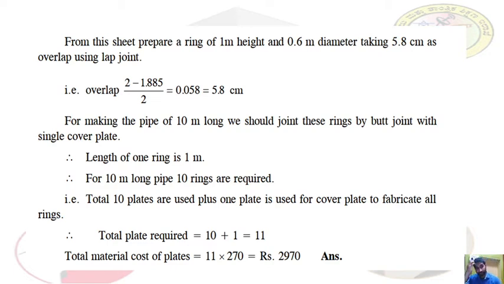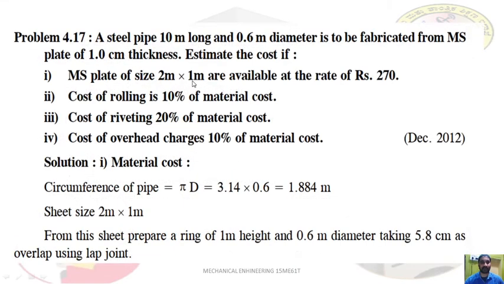For making 10 meter long pipe, we should join the rings by butt joint with a single cover plate. The length of one ring is 1 meter, so we have a fixed length here of 1 meter. Each sheet can prepare 1 meter length.